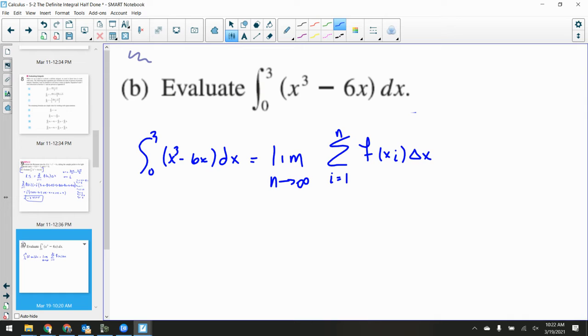Delta x. Where I know that delta x is what? Well, what are my endpoints? 3 and 0. So I could take 3 minus 0 over n. So delta x is 3 over n. Right?